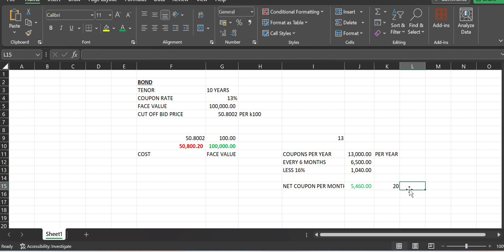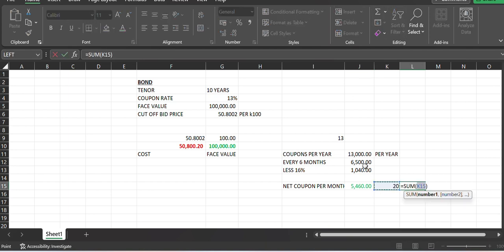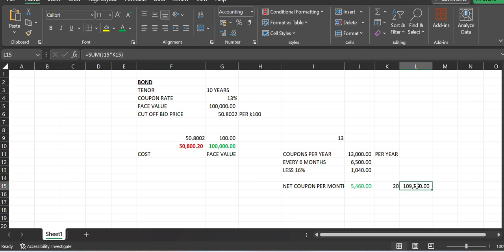You will get 20 for the length of the bond. So meaning that the total coupons that you get are 109,200.